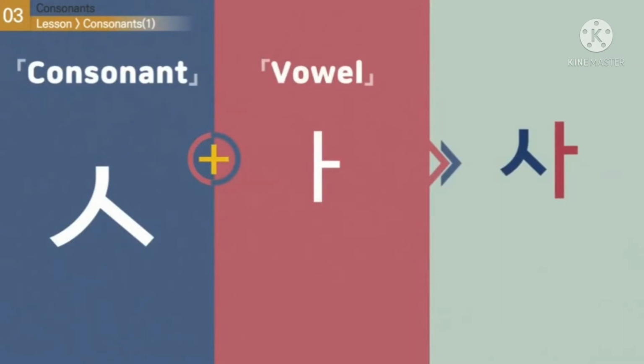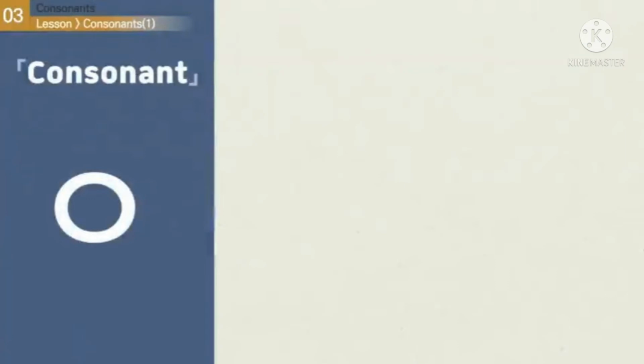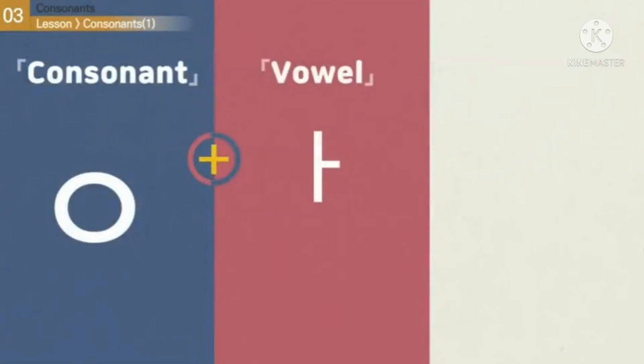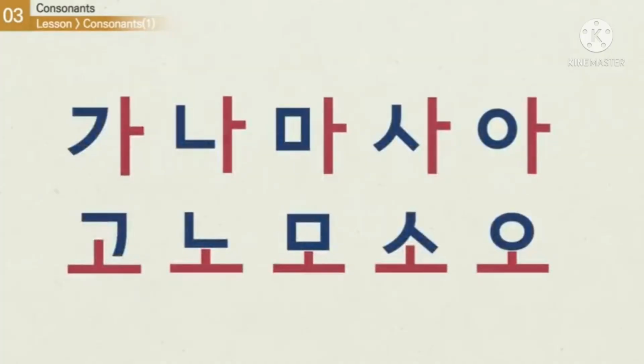Combining the consonant 시옷 and vowel o makes 소. Combining the consonant 이응 and vowel a makes 아. Combining the consonant 이응 and vowel o makes 오. This is how we construct each syllable in Hangul.